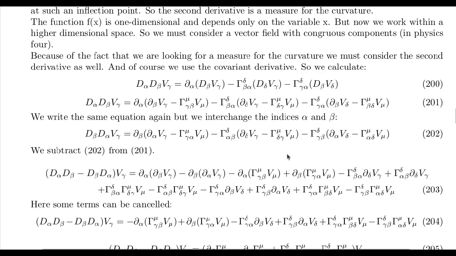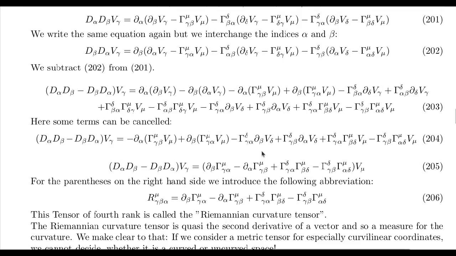Now we subtract 202 from 201, and we get this result here, 203. These are all the terms from above in this equation. But now we can cancel out some terms.